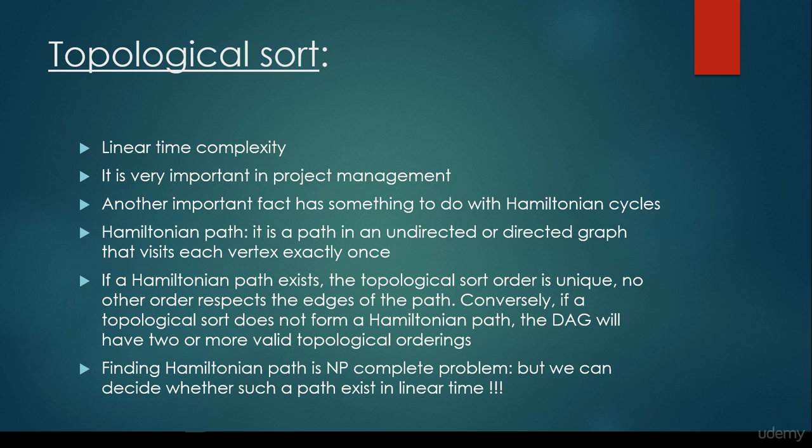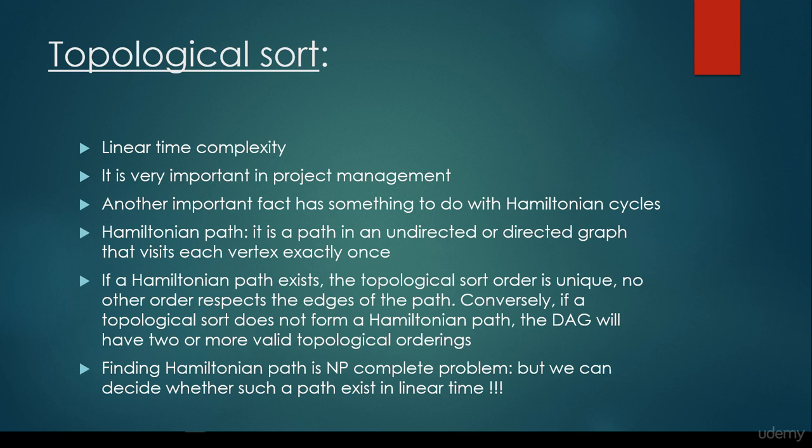Finding the Hamiltonian path is an NP-complete problem, but we can decide whether such a path exists in linear time. Why linear time? Because constructing the topological sort has linear time complexity. Just to be clear, we are not able to find the Hamiltonian path in linear time, because if we could, then this problem wouldn't be NP-complete.